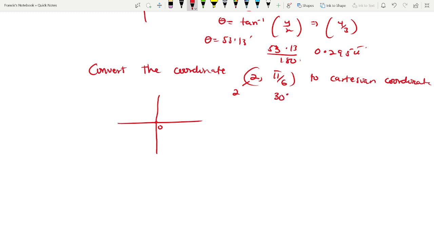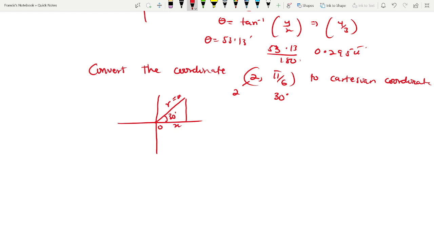So our angle is 30 degrees and our magnitude is 2. If you want to reverse polar coordinates to Cartesian coordinates, you are going to use the trig ratios. So you assume your r, which is 2, and the angle here is 30 degrees.